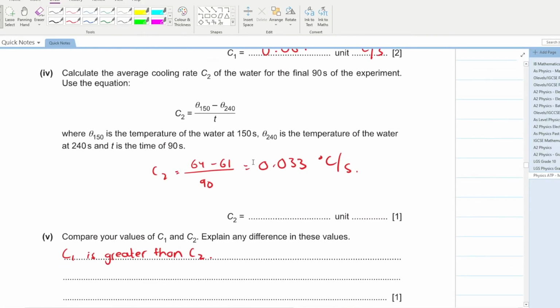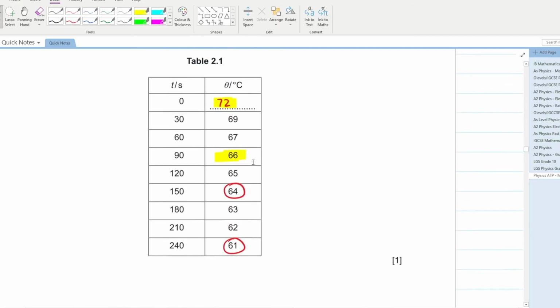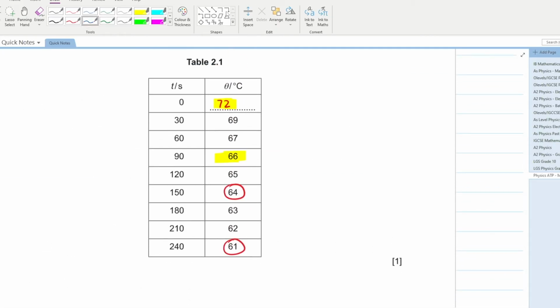Because as you approach room temperature, as you can see, we are approaching room temperature. As we are increasing in time, your temperature is slowly approaching the room temperature. As you are approaching the room temperature, there will be a lesser drop in the temperature of the beaker.